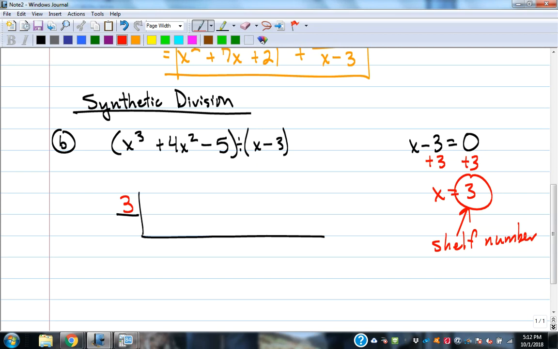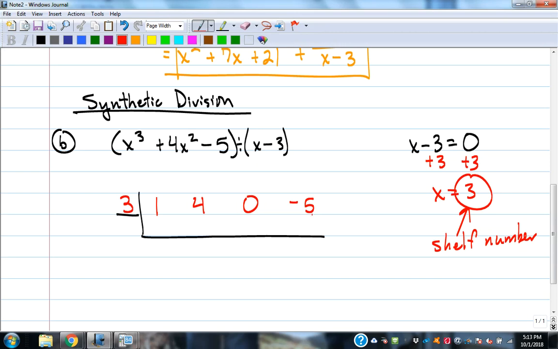So I've got a 1, because that's the coefficient of x cubed. I'm going to put a 4 for x squared. I don't have a plain x, so I'm going to put a 0 in its place, and then a minus 5. Make sure you take the signs with you.